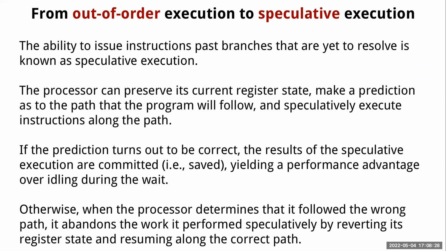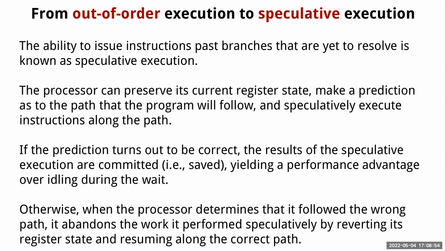Sometimes the CPU can execute hundreds of instructions. Those instructions could be very fast, while the predicate could be very slow. So if the prediction turns out to be correct, the results of the speculative execution are just committed, put into the registers.